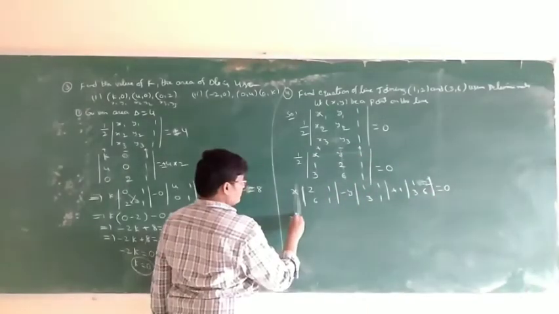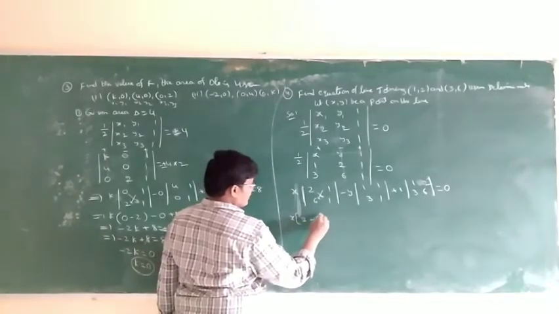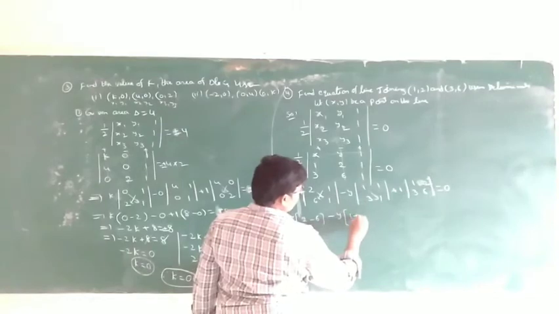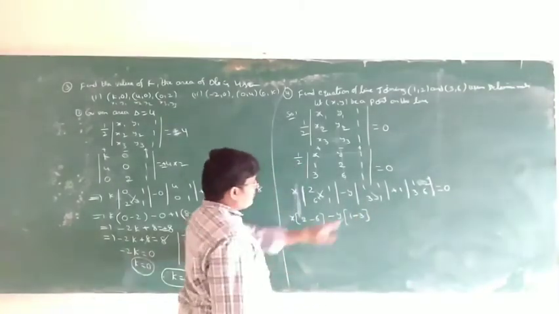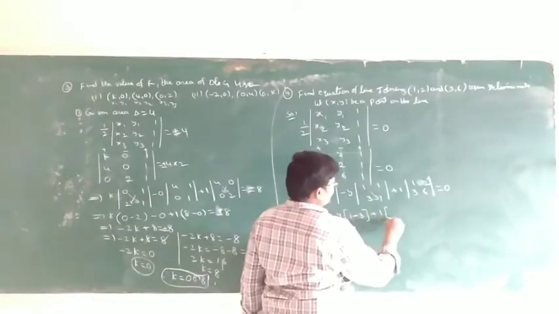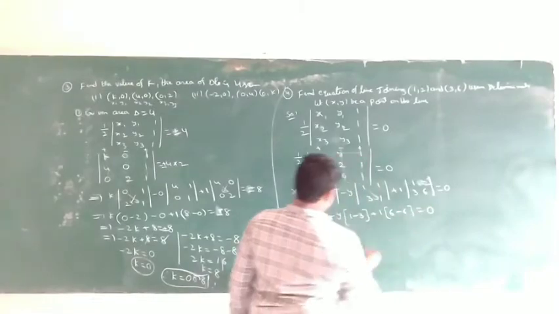So x times (2 minus 6), minus y times (1 minus 3), plus 1 times (6 minus 6) equal to 0.